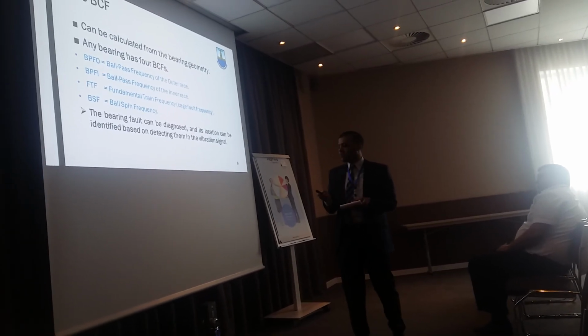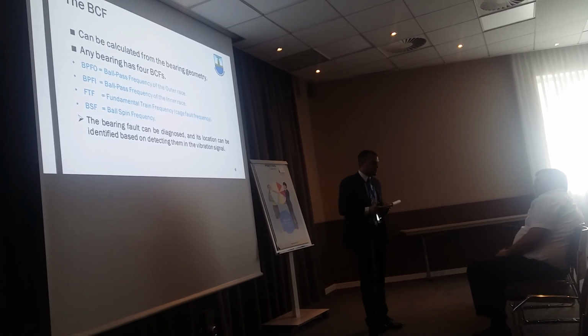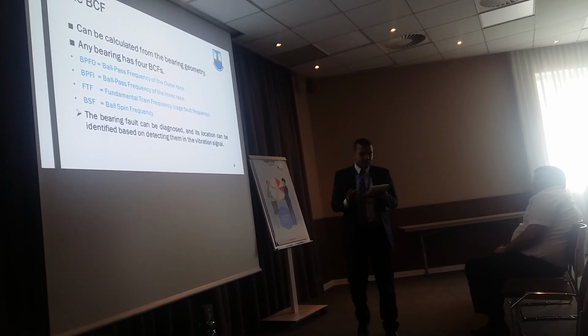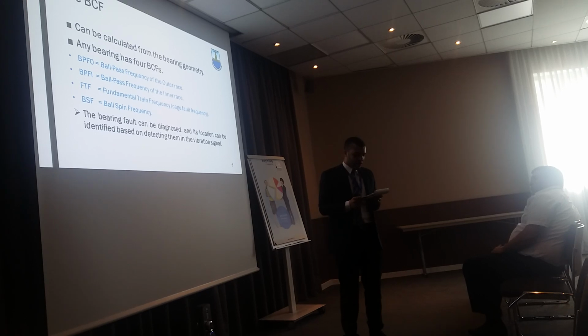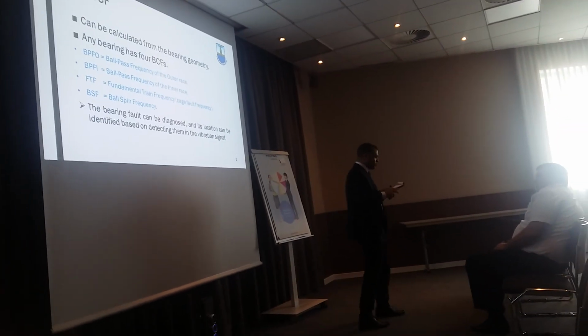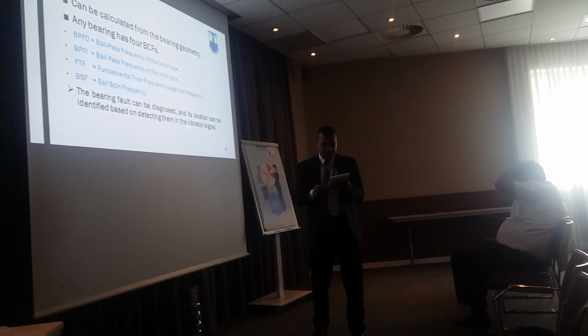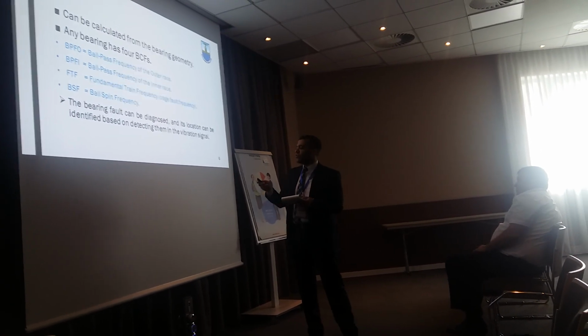The bearing characteristic frequency can be calculated from the bearing geometry, which is known. And any bearing has 4 bearing characteristic frequencies, whose values depend on the location of the fault. A fault on the outer race produces a bearing characteristic frequency called the ball pass frequency of the outer race.